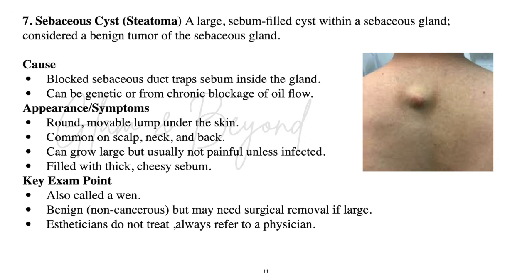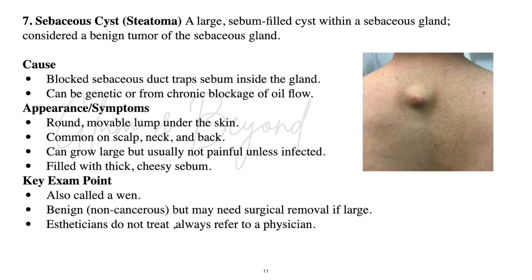steatoma, a large sebum-filled cyst within a sebaceous gland, considered a benign tumor of the sebaceous gland. Cause: blocked sebaceous duct traps sebum inside the gland. Can be genetic or from chronic blockage of oil flow. Appearance, symptoms: it can be a round, movable lump under the skin, common on the scalp, neck, and back.